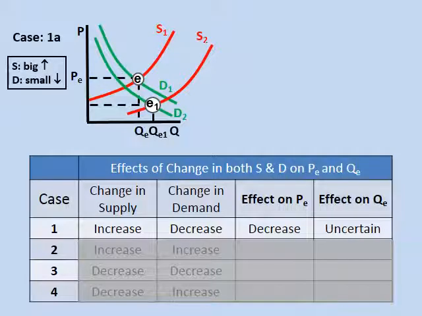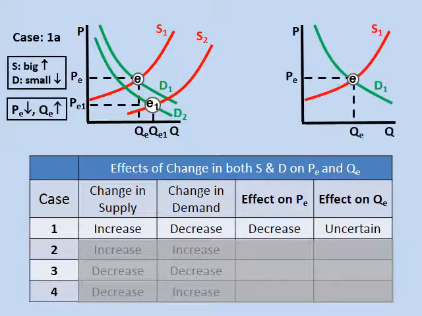Both of these moved to create a lower equilibrium price, as we expected. So when we've got a big increase in supply and a small decline in demand, we get a lower equilibrium price and a higher equilibrium quantity.